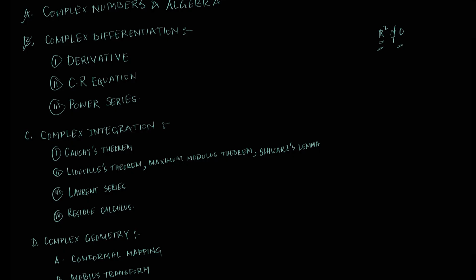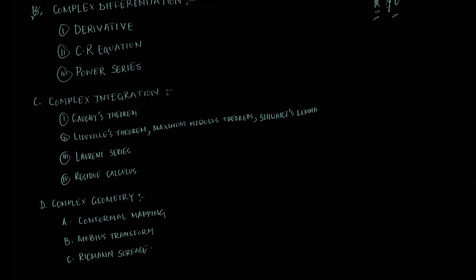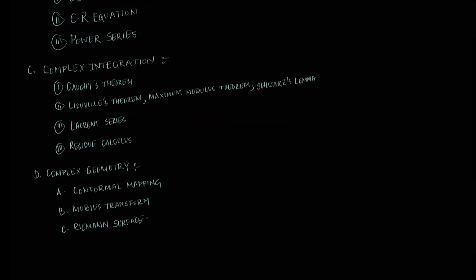We are going to talk about that, and then we'll do power series of a function, a complex function of course, and we'll put everything together in one simple thing. So essentially derivative, CR equation, power series, all of them actually will give you a single concept.